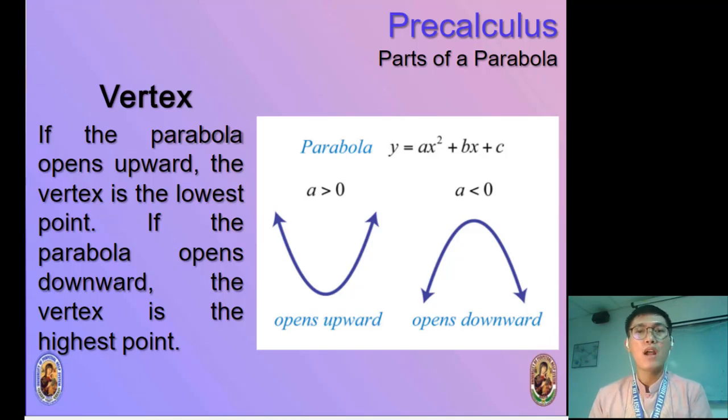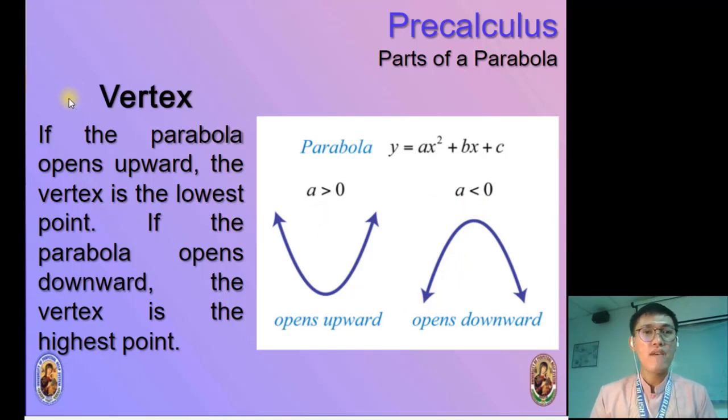Alright, let's go to the definition of the vertex. If we have a parabola y is equal to ax squared plus bx plus c, where a must be greater than 0 or less than 0, this will be the nature or orientation of our parabola. If a is greater than 0, the parabola will open upward, and if a is less than 0, the parabola will open downward.